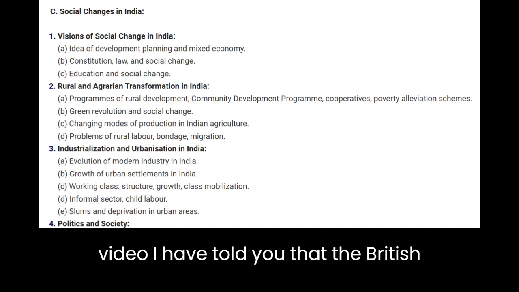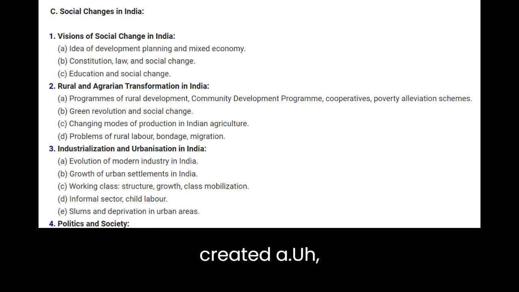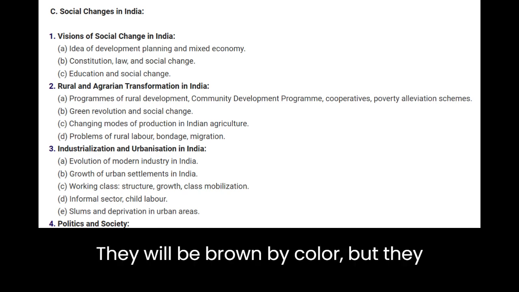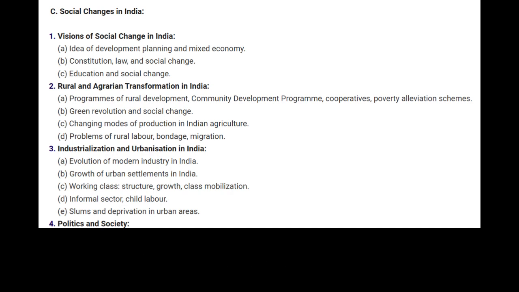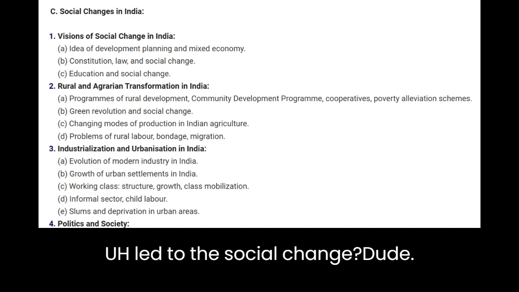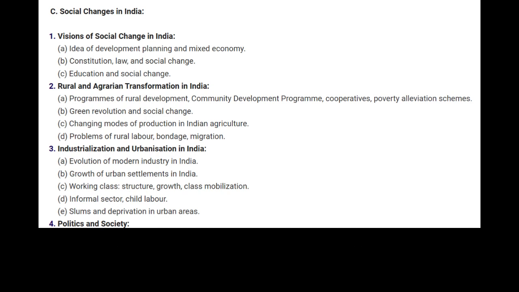From the last video I told you that the British created a class which will be educated in English. They will be brown by color, but English by mindset. So how education led to social change.